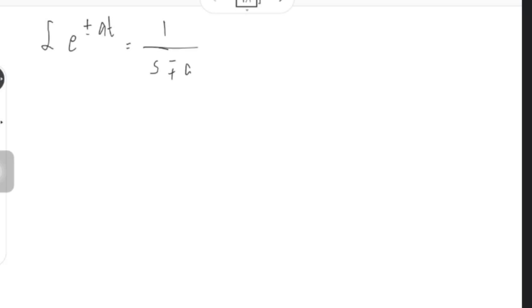Let's consider positive first. By definition, we define the Laplace transform of a function of t, e to the at, is equal to the integral from 0 to infinity.